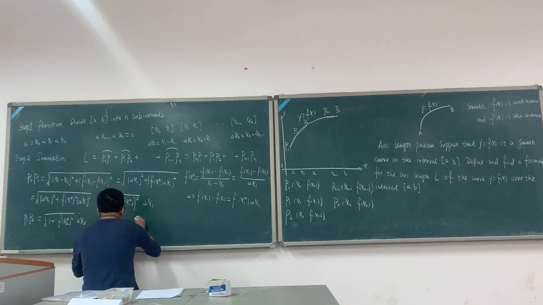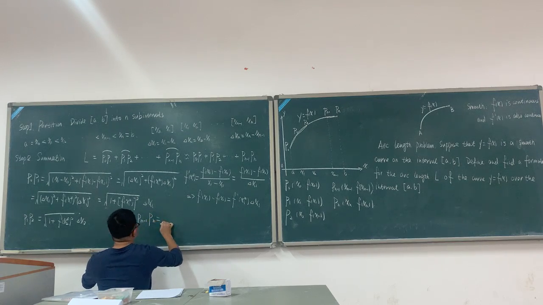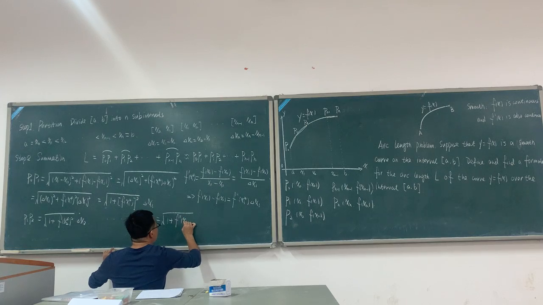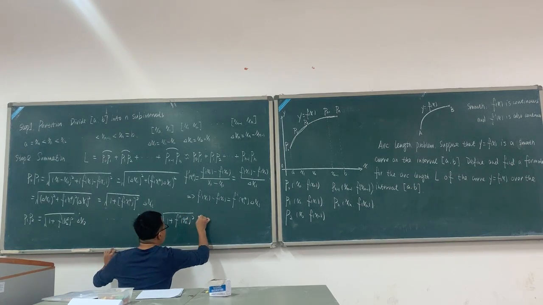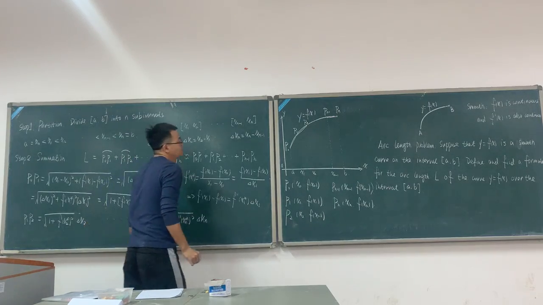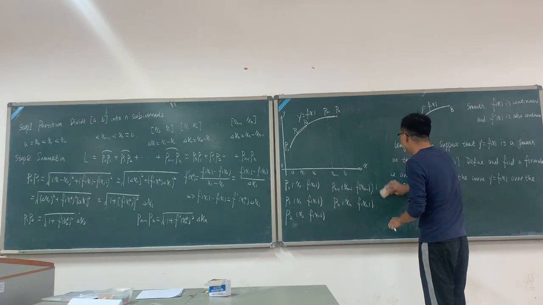So here we have P(n-1) Pn equal to what? The square root of 1 plus f'(xn*) squared times delta xn, okay?